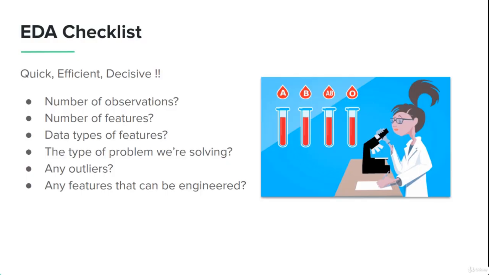Then the next question should be, what is the data type of the features? That is important because it will ultimately help us identify the type of machine learning problem we're dealing with, and the type of visualization techniques we should deploy, and many other questions. Then we should find the type of problem we're solving, look for outliers, and identify any features that can be engineered.